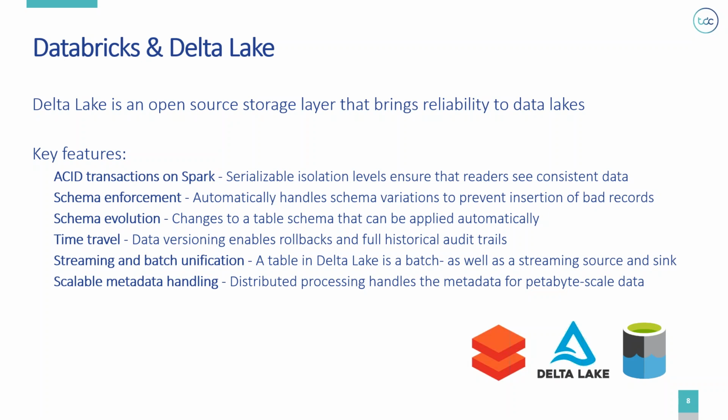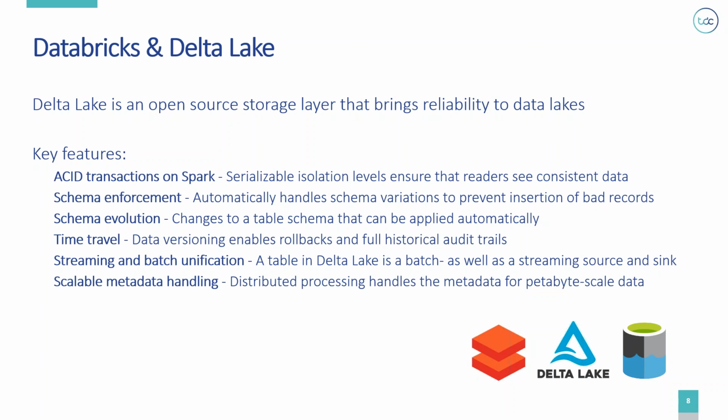What Delta Lake allows us to do is we can now get ACID transactions on Spark, right? Serializable isolation levels that ensure that readers see consistent data. So you don't get failed queries anymore when one process is writing and another one tries to read.